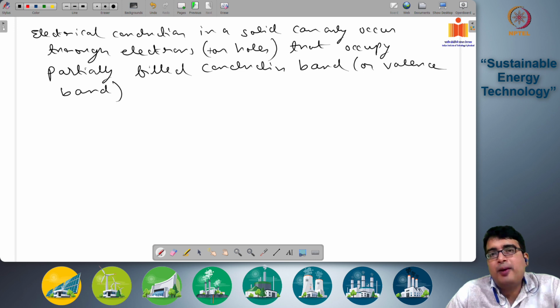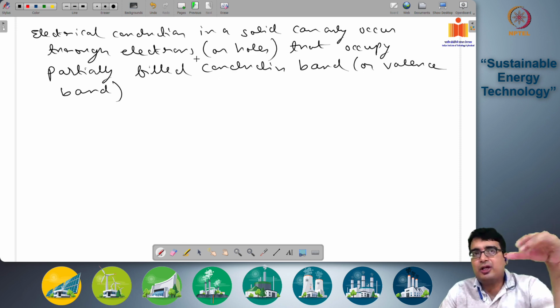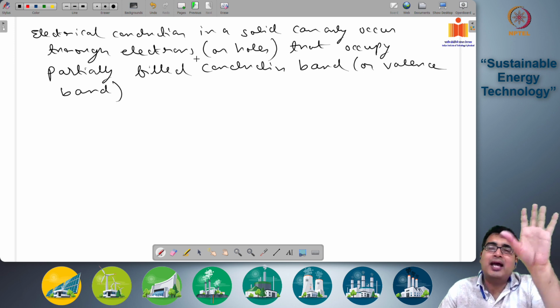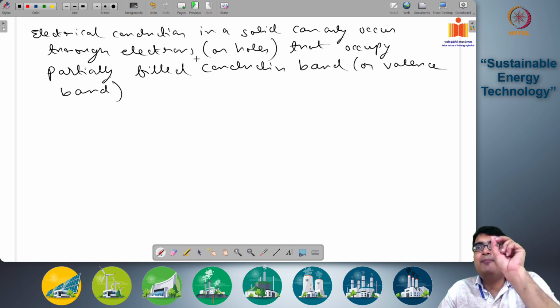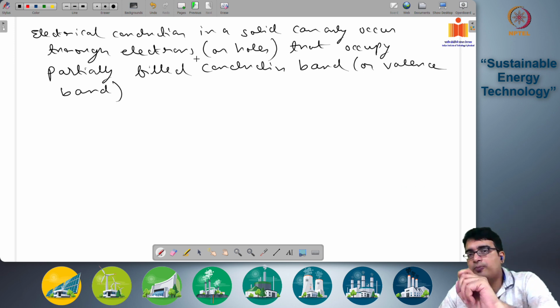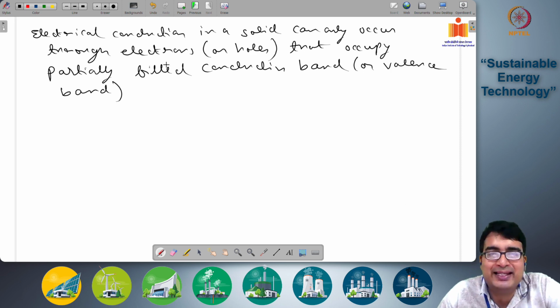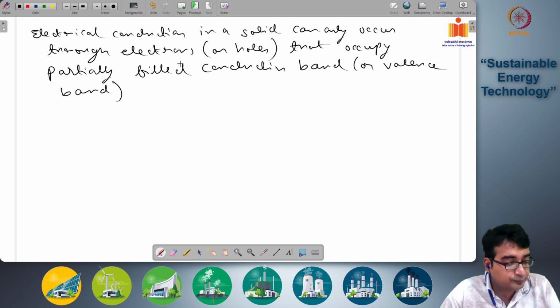So electrons that occupy a partially filled conduction band, or holes that occupy a partially filled valence band, are the two types of charge carriers that can conduct electricity in a solid. Electrons are there in the conduction band, and holes, which are basically empty spaces where electrons should be, are there in the valence band.